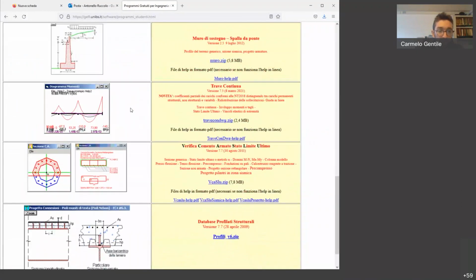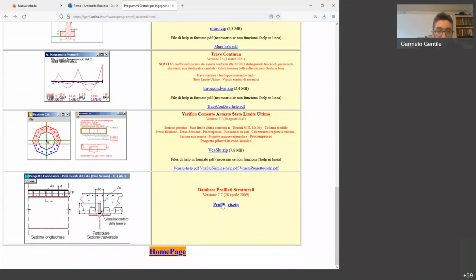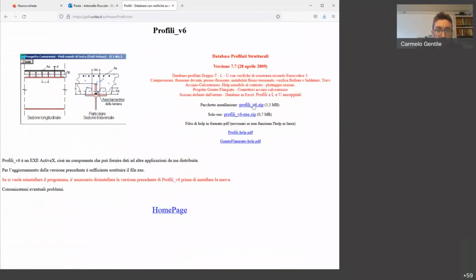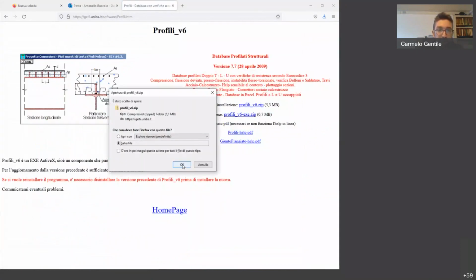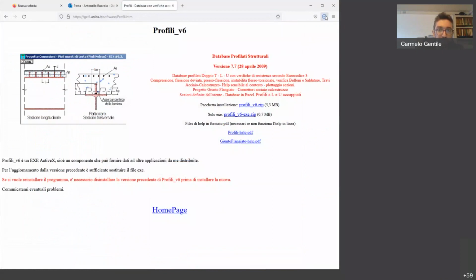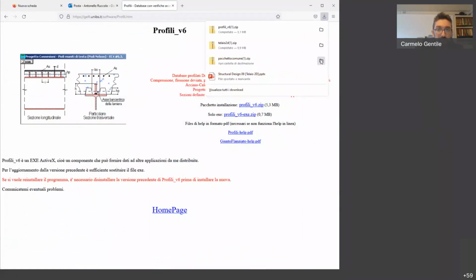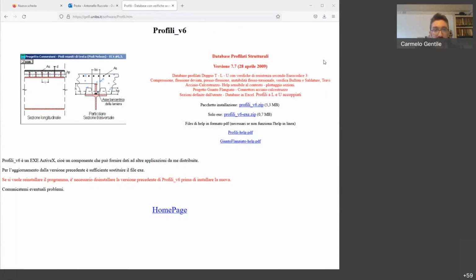And then we go at the bottom of the page to download Profili V6. Okay, now it is better if I just share everything. The window, okay, screen.